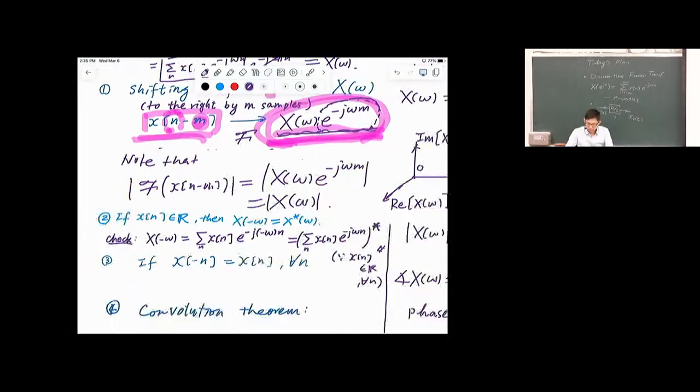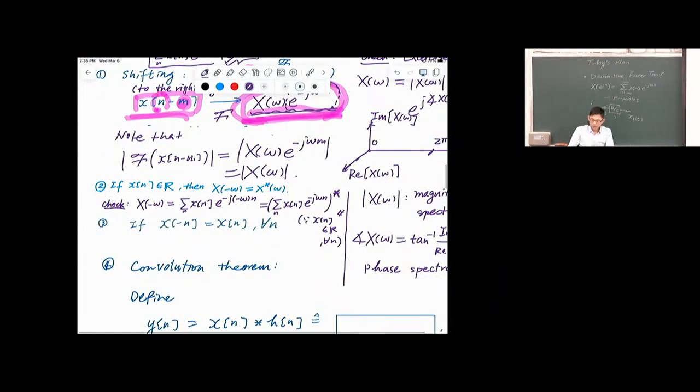And this is great. Therefore, because of this property, when x is real, the magnitude spectrum evaluated at negative frequency is going to be the same as evaluated at the positive frequency.